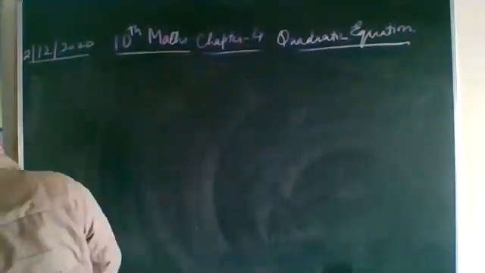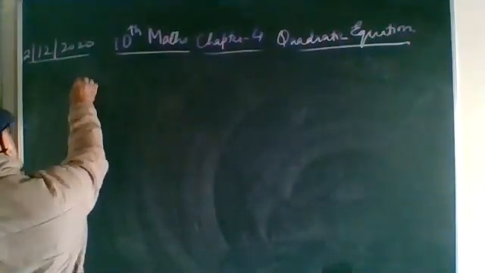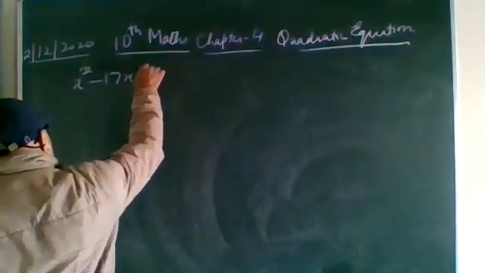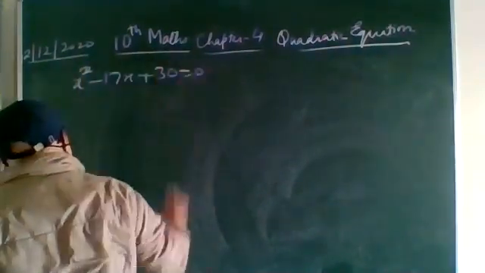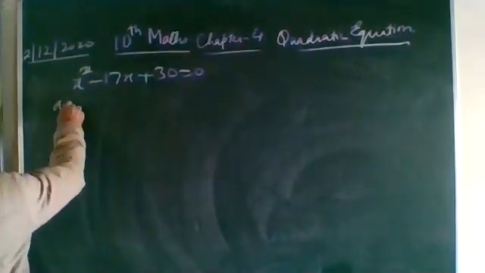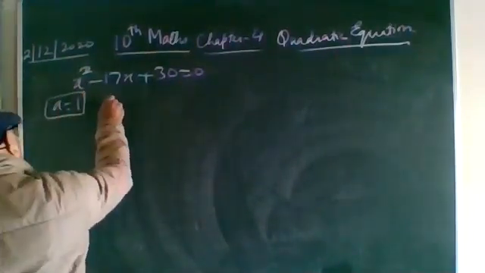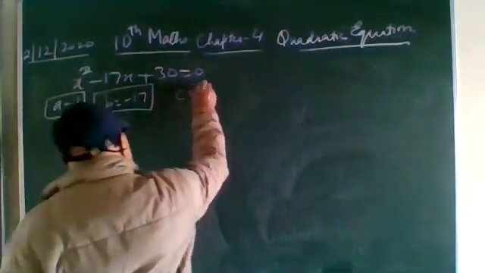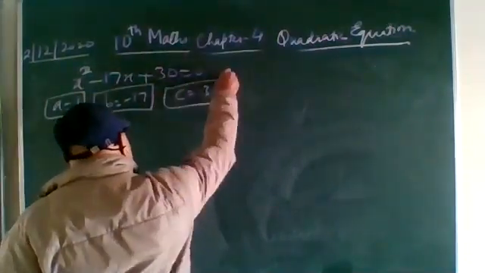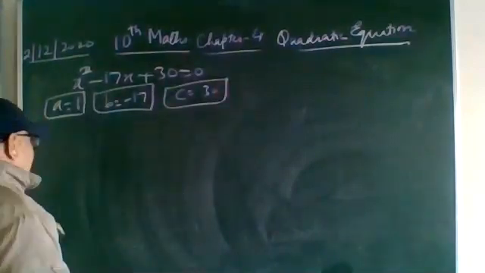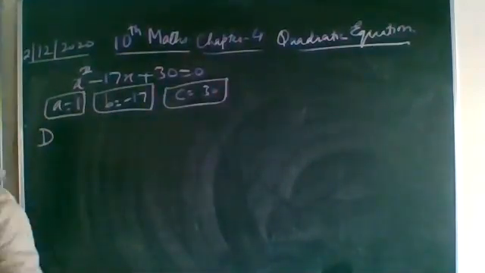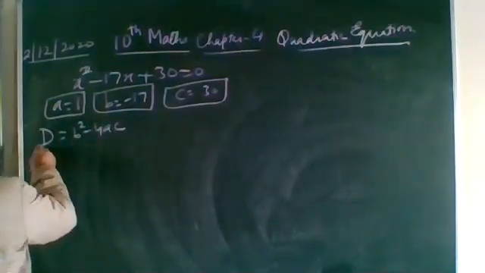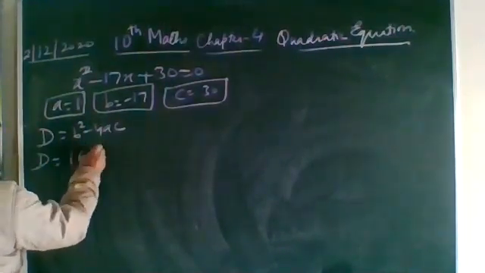Yes, that is x square minus 17x plus 30 equal to 0. Now a is 1, b is minus 17, c is 30. You have written this. D you have calculated, that is b square minus 4ac, so D is 169.